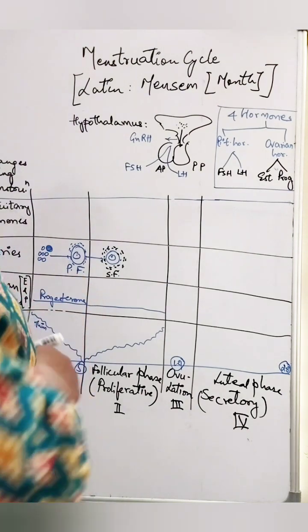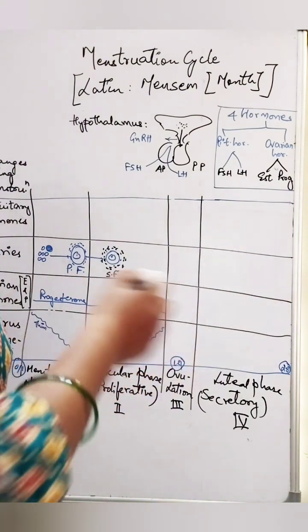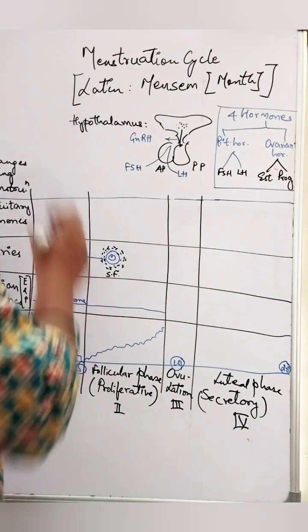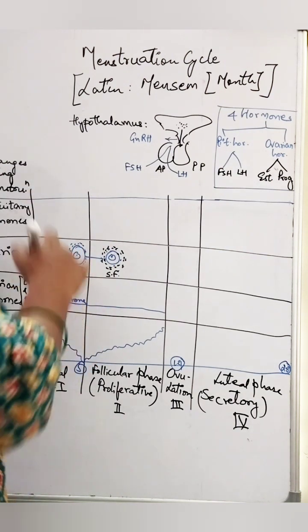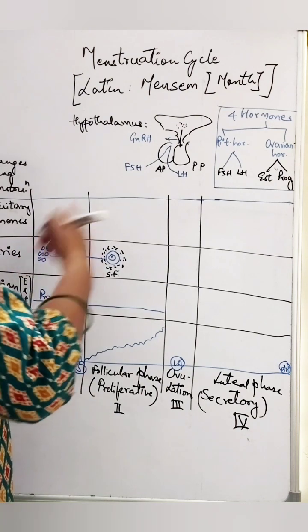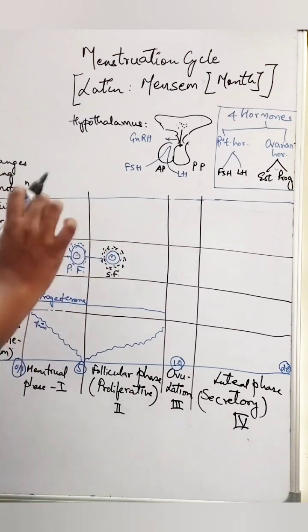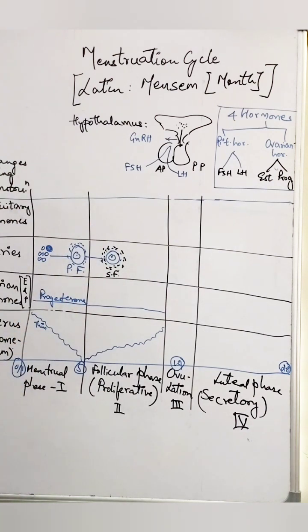Now what happens? In the pituitary hormones we have two types, FSH and LH. Now when the follicles need to grow and develop, we need one pituitary hormone, which is called FSH. FSH has a dominating role here, helping in development and growth of the follicles.